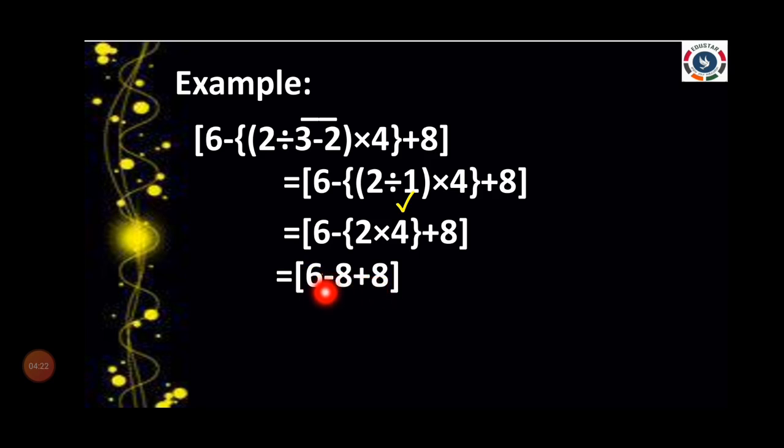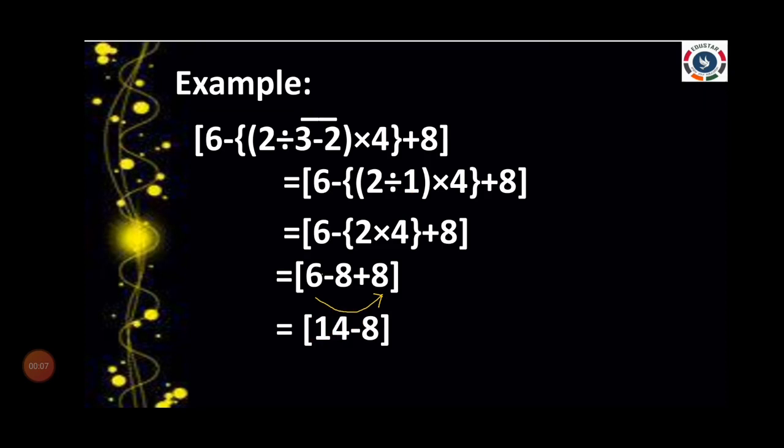We have a minus sign and a plus sign here. Based on the simplification rule, DMAS, which do we give preference to? Plus or minus, I mean addition or subtraction? Addition. So we add the two values first, 6 and 8. 6 and 8 is how much? Totally 14. Then 14 minus 8, write the remaining number. Then you subtract the two values. 14 minus 8 is in the square bracket.